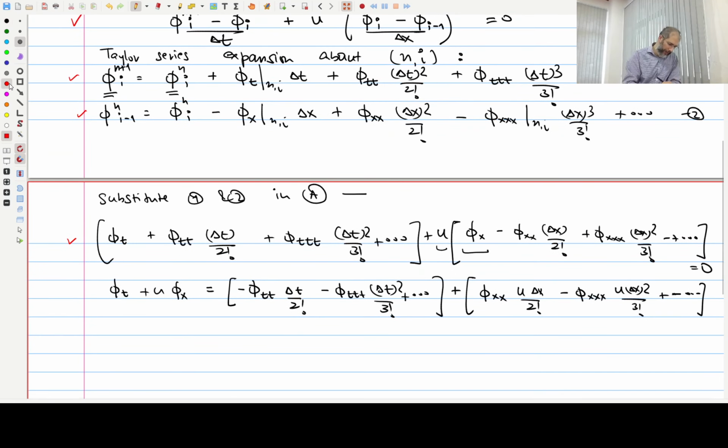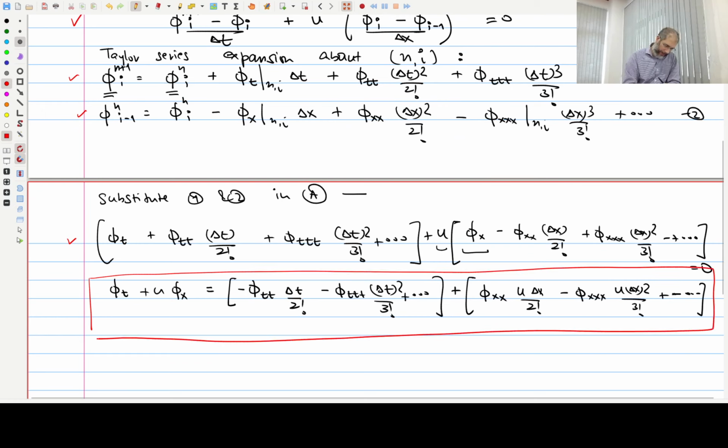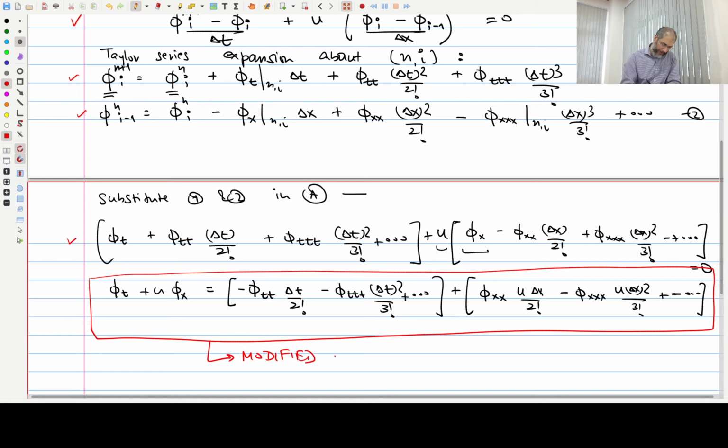Right, so this equation that we have here is called the modified equation. This is the actual partial differential equation that is being solved by the computer using this scheme.